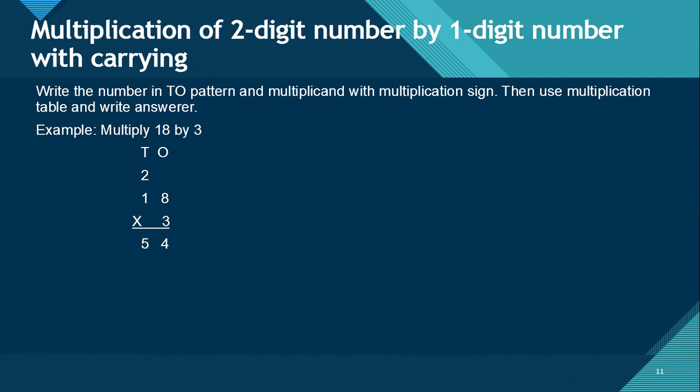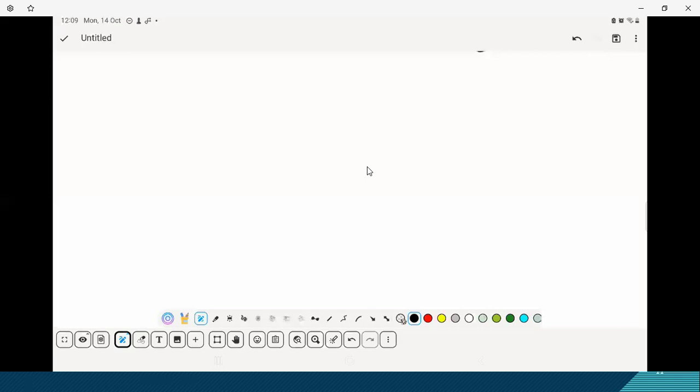Now quickly take another example. That is 35 multiplied by 2. So let's see this example on the whiteboard. So the example is 35 multiplied by 2. We have to write the number in TO pattern. So we'll write 35 here and then the sign of multiplication, then 2.